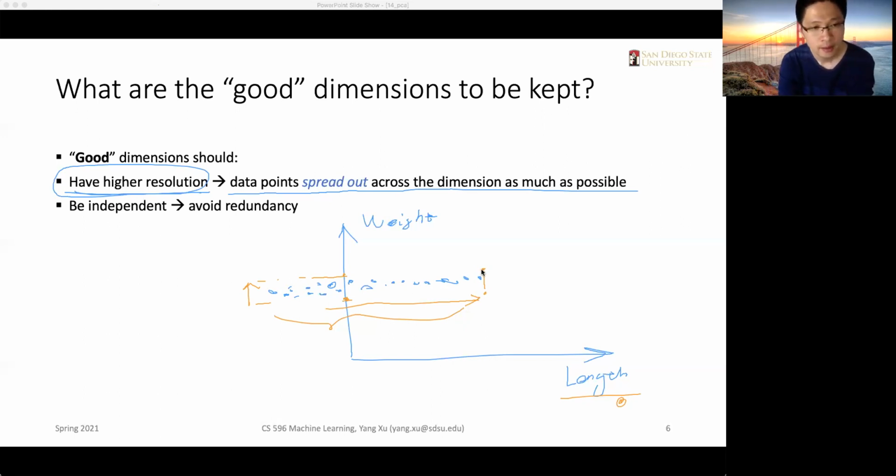So this is an extreme example of how good those features are in terms of how spread out the data points are along them. And this is basically the principle that we will use to carry out principal component analysis.